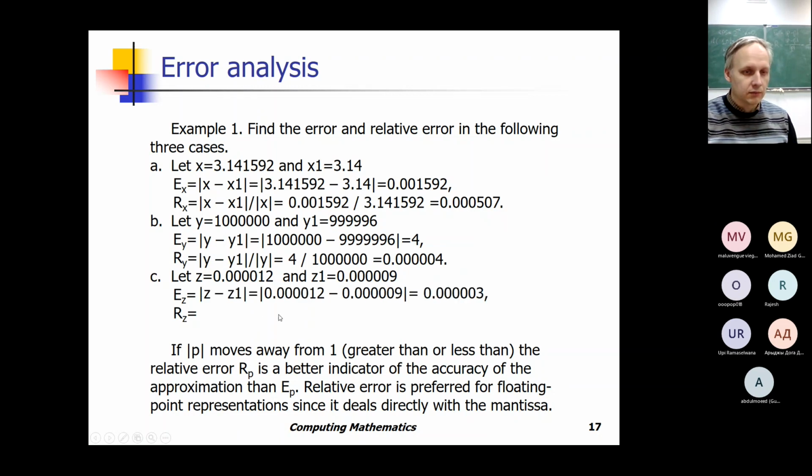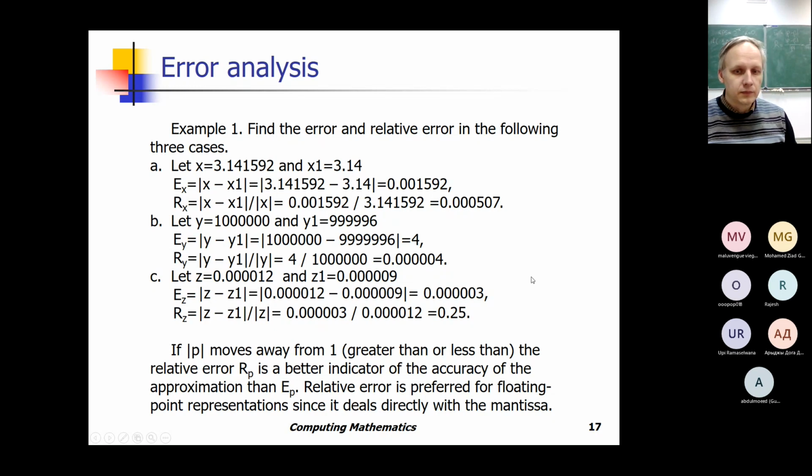The absolute error, if we compute it as a difference z minus z1, equals a very, very small value, 0.0003. But if we compute the relative error, it will be significantly large, 0.25. It will be much greater than relative error in the second case.